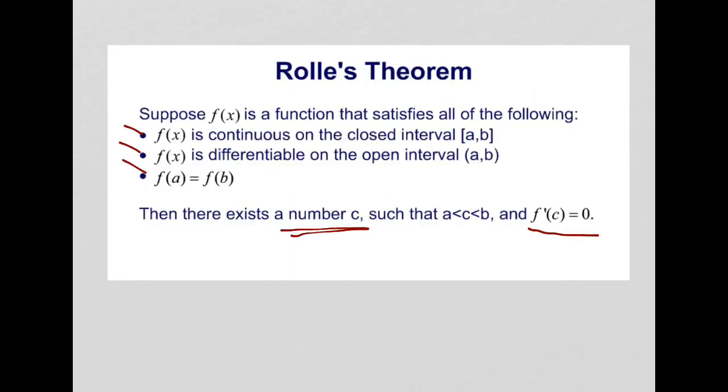For example, the question might say, find the value c that satisfies Rolle's theorem for the function. The way I remember Rolle's theorem is because of the O in his name, so it's where the tangent equals 0. So if I'm going to do this problem, I have to first be sure it meets these conditions.